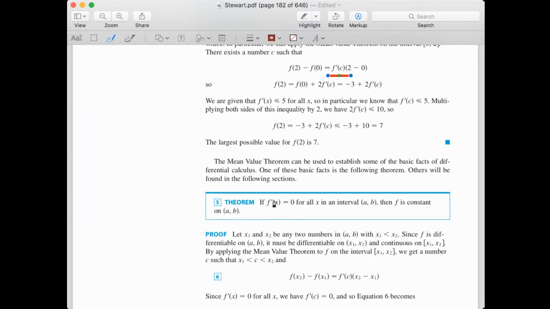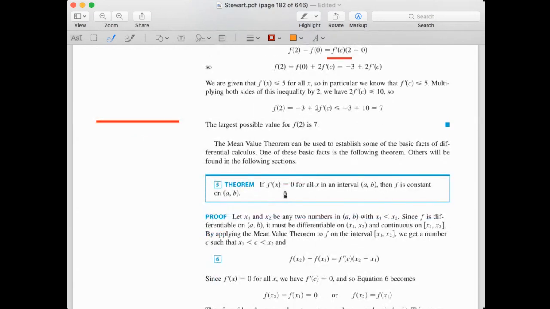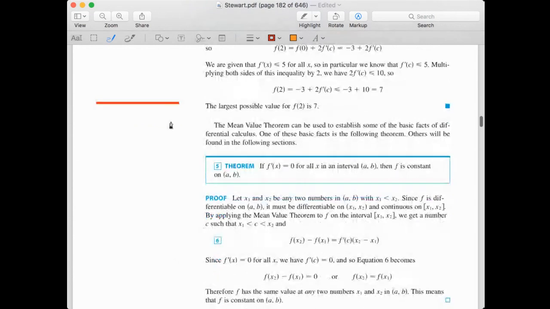If the derivative equals 0, that means f of b minus f of a divided by b minus a is 0, which means the slope of the tangent line is 0, so we imagine a horizontal line. For all x in the interval, f is constant on a to b. Well, this is a theorem, right? You can think about Rolle's theorem and the mean value theorem.